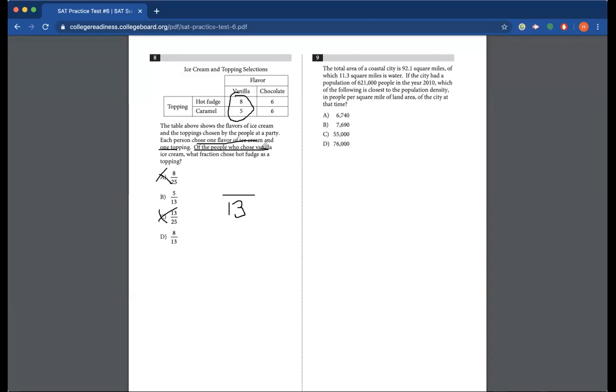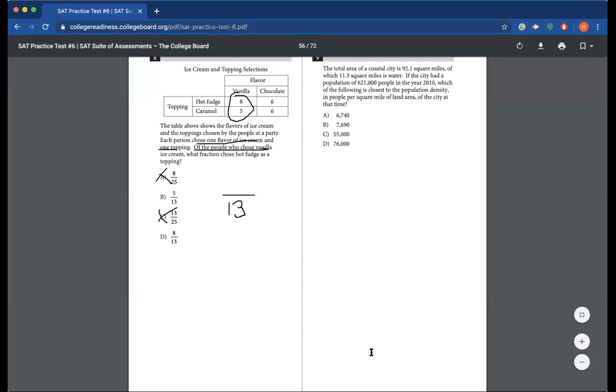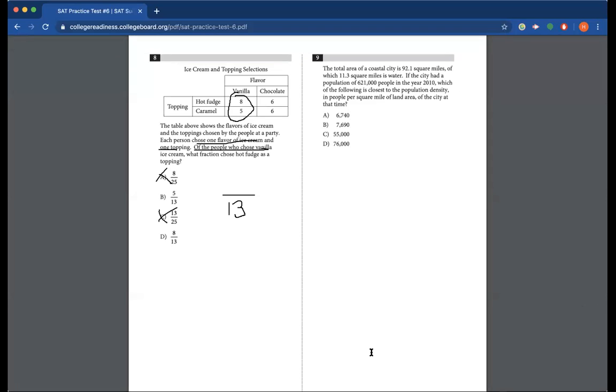Did I make a mistake? We're not dividing. No. It says of the people who chose vanilla, right? So we have to divide it by all the vanilla users. So 8 plus 5 is 13, so that's going to be in our denominator.